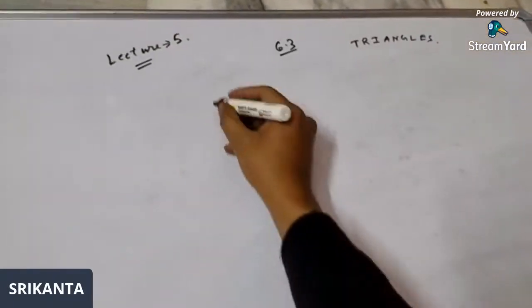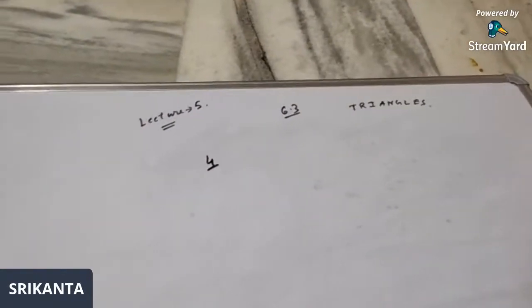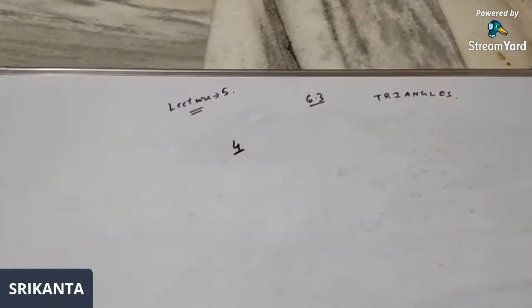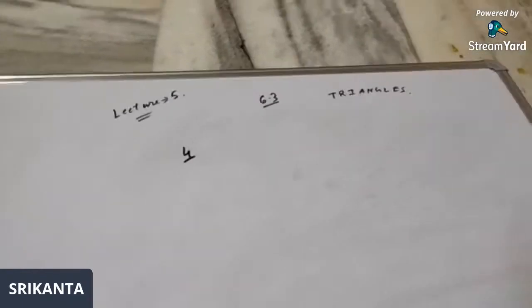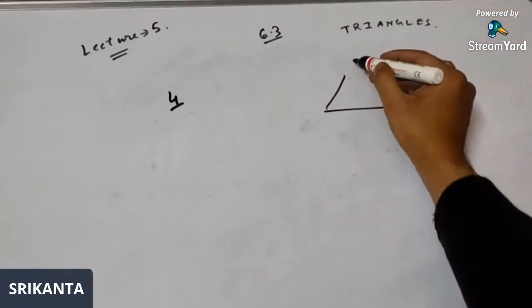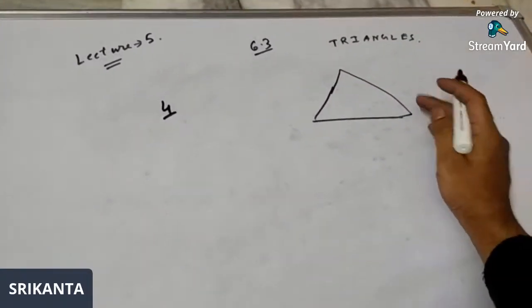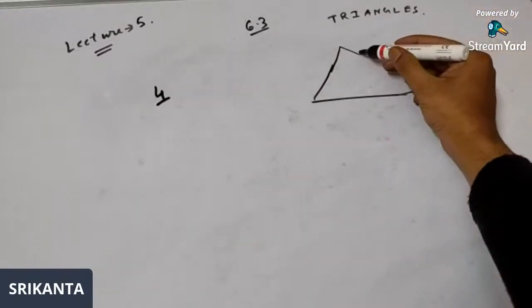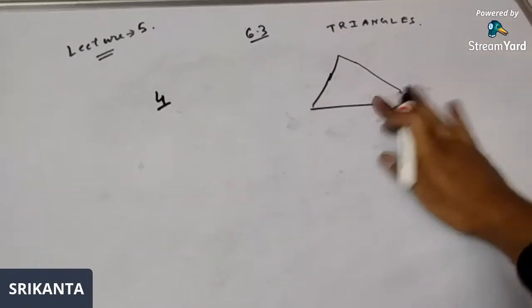So question number 4 then. Now question number 4 we will do. As you can see in question number 4, a figure has been given, right? So we have our figure.